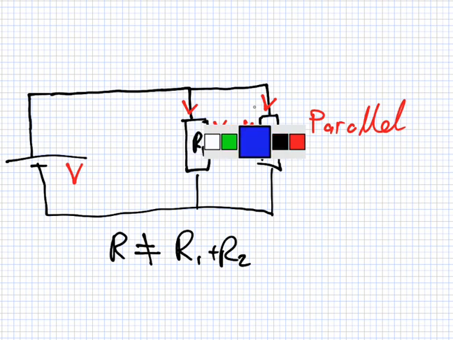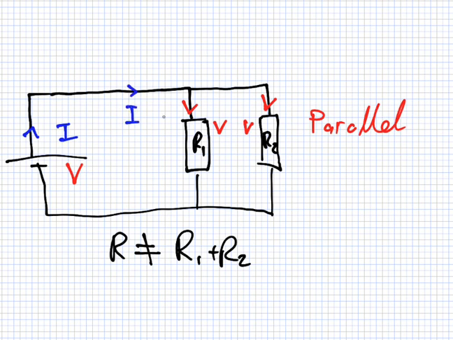But current, so this is current I, this is current I. What happens here is the I splits. So you have some I this way and some of the I goes this way. They're not necessarily the same. So your voltage stays the same when it splits, but your current doesn't stay the same when it splits.